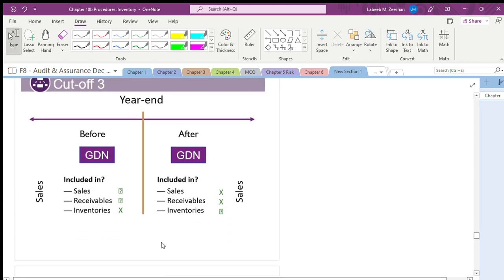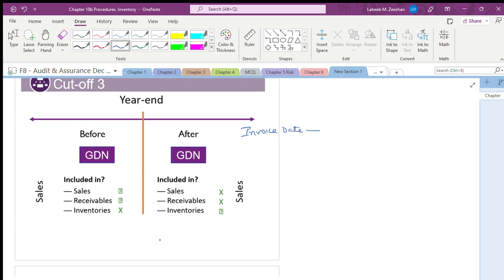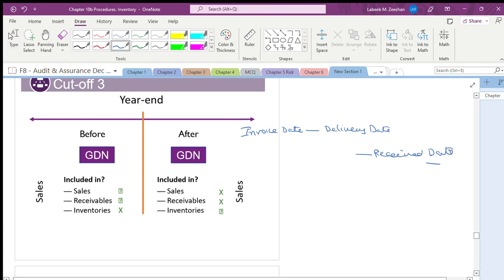In a similar way, we are talking in terms of year-end sales. Is that the goods delivery note? This is the issue as such. You have the invoice date. Invoice date will be different from the delivery date, and invoice date will be different from the received date. Once you have invoiced and collected cash, this type of inventory should be flagged off.